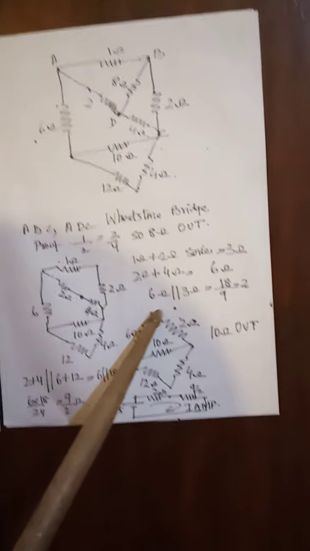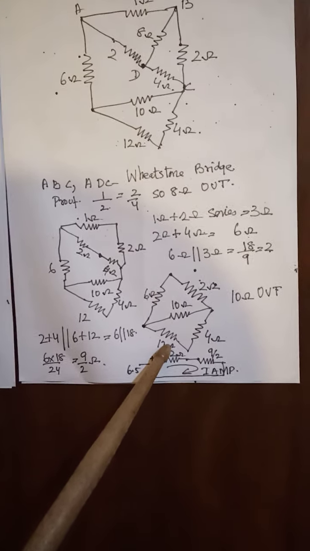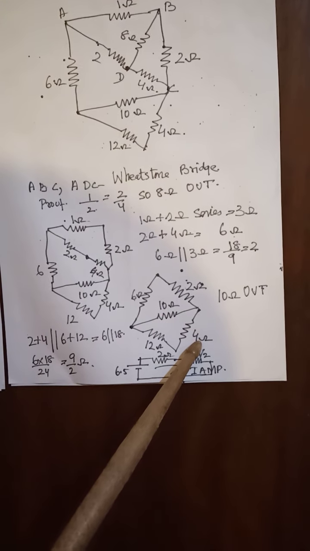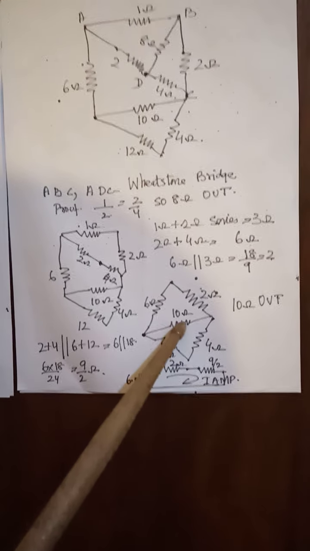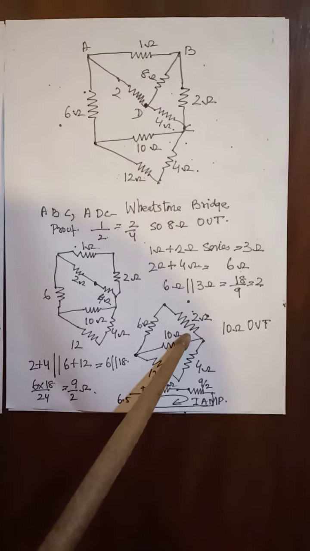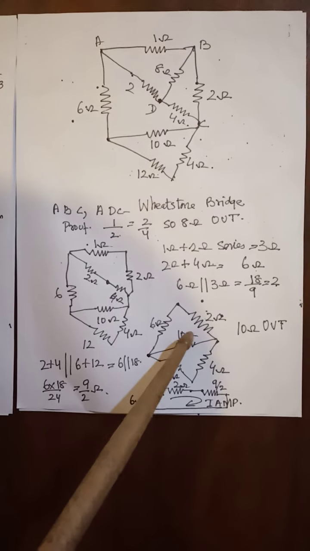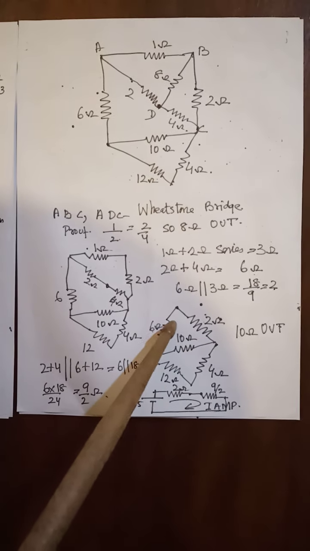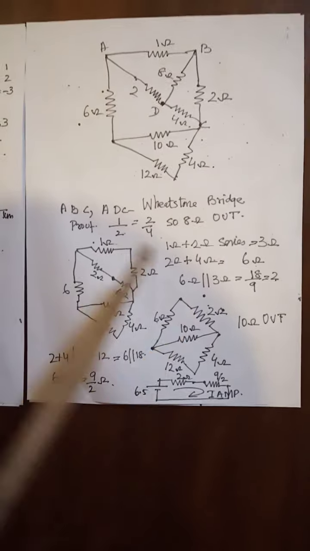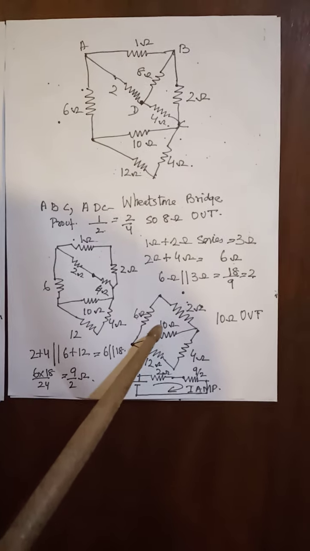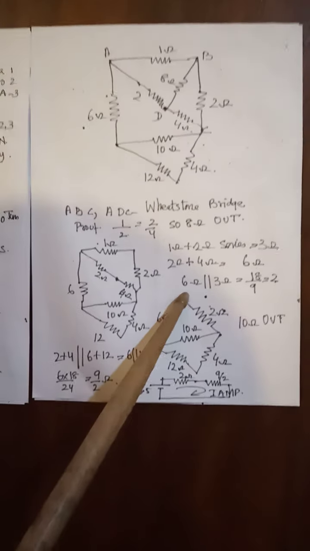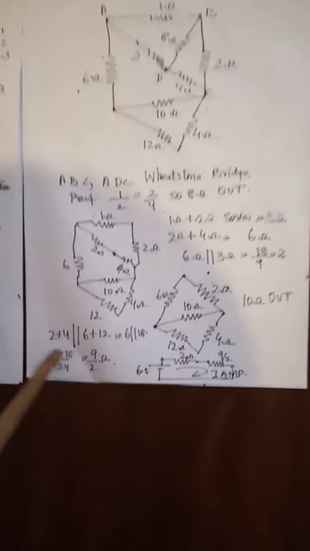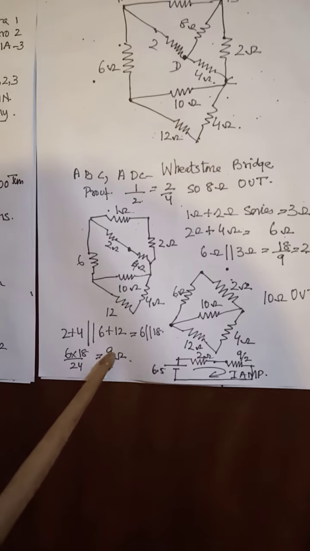So you have now 6 and 12, it is 18, 2 and 4, it is 6. 10 ohm is infinite. 10 ohms no need, because if you put the galvanometer here, there will be no current, so you leave it. See, this is the beauty of the Wheatstone bridge. So here, 2 and 4 is 6, 6 and 12 is 18. So remember, what is the combination? 18 into 6 by 18 plus 6. So it is 9 by 2.